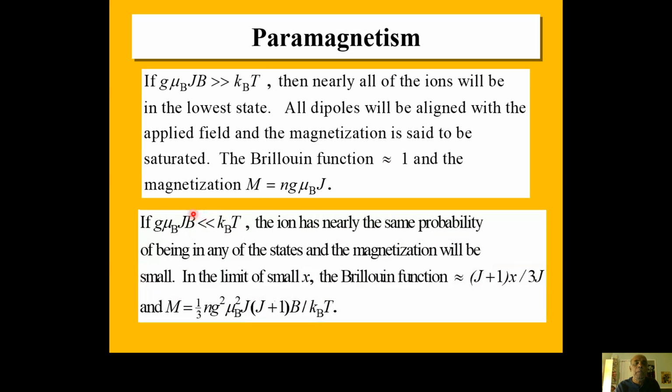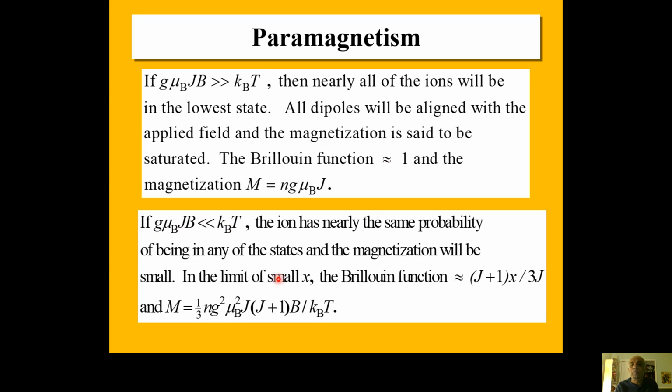But if your magnetic field is small and the temperature is much higher, the ions don't care about the magnetic field, because they are strongly affected by the thermal energy. They like to be in different orientations with the same probability. That means the magnetization will be very small, because they are not going to align in a particular direction, so your x is going to be very small.